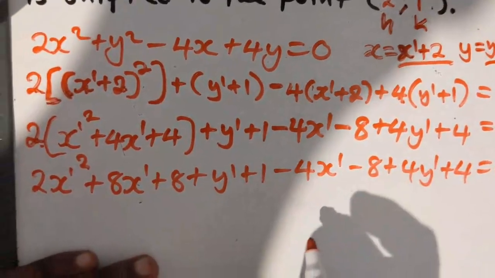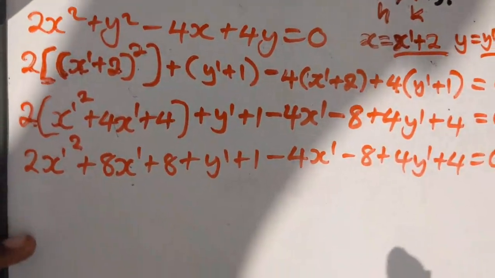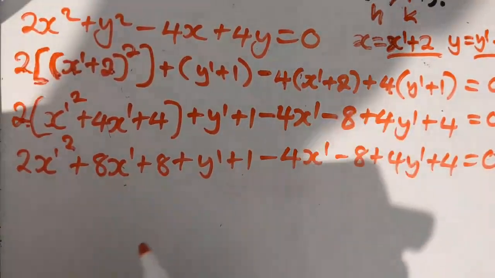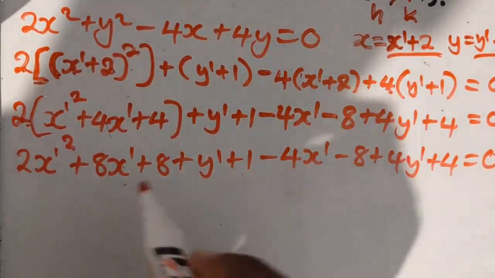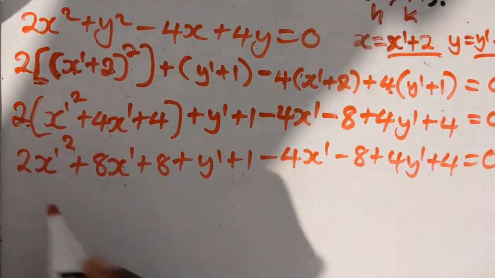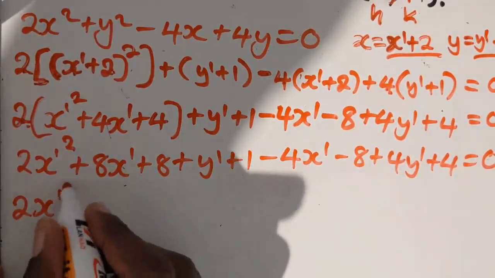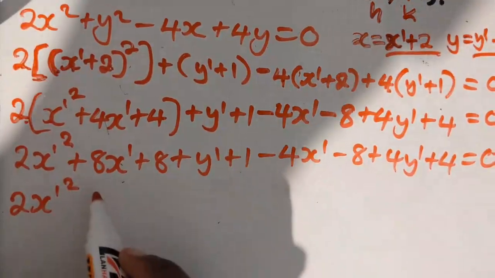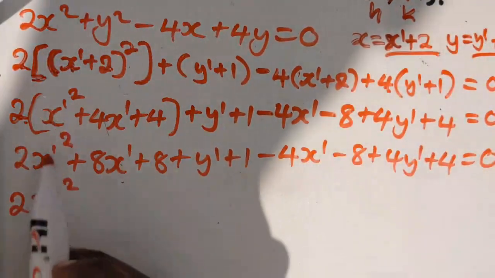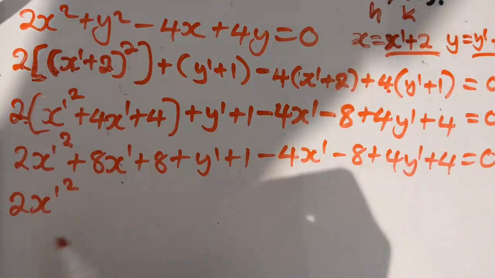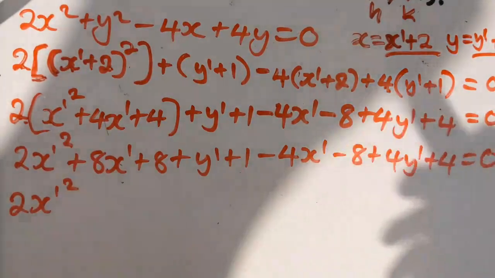Okay, so from here now you collect the like terms. So from here you have those that are squared, those that have to the power 2. There's just 1 here, so we'll just bring it like that, 2x prime, and it is to the power 2. So we don't have any other with to the power 2, right? So just go on and get those with x prime.